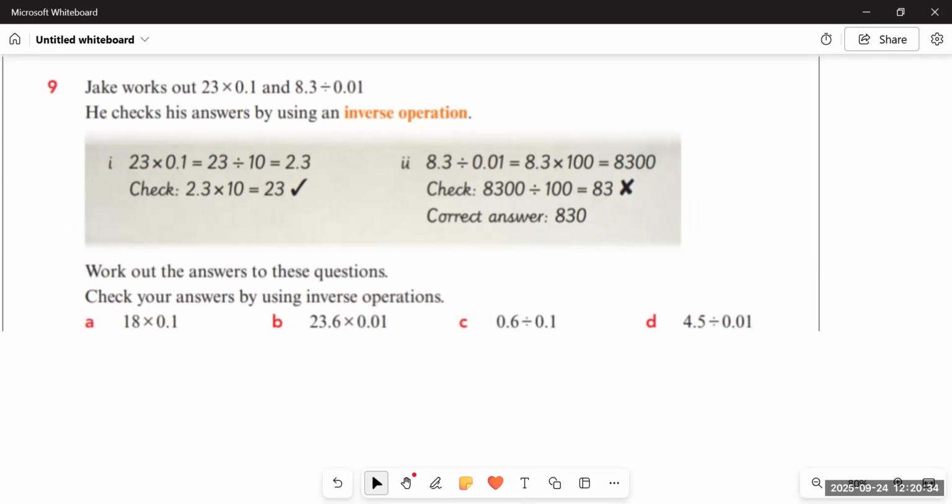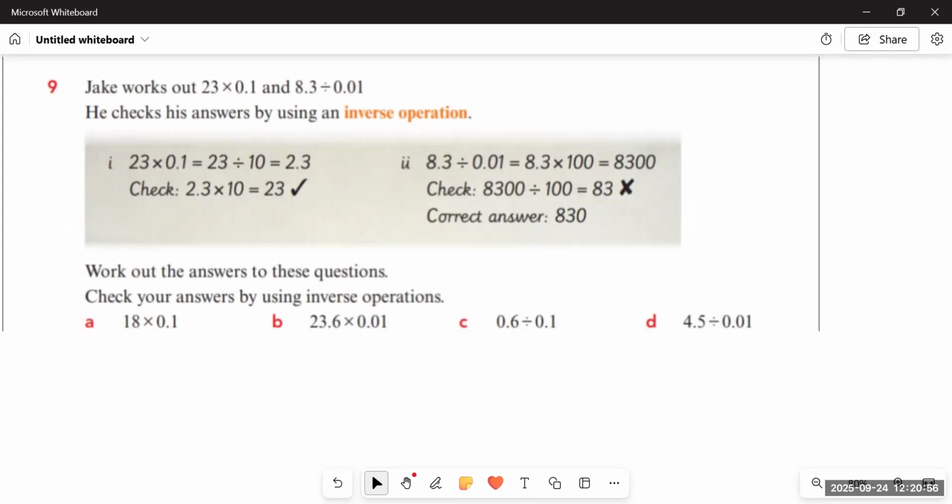So that's correct. Similarly, 8.3 divided by 0.01 is 8.3 multiplied by 100, which is 8,300. But this time he has made a mistake. When he checked it, he divided 8,300 by 100. He is not getting 8.3, instead he is getting 83. So the correct answer would be 830.